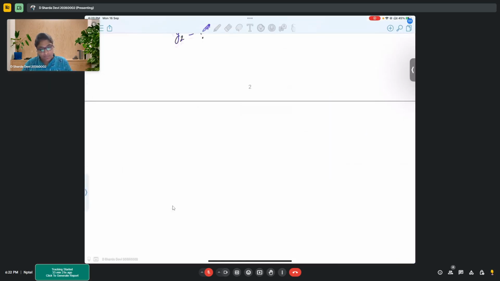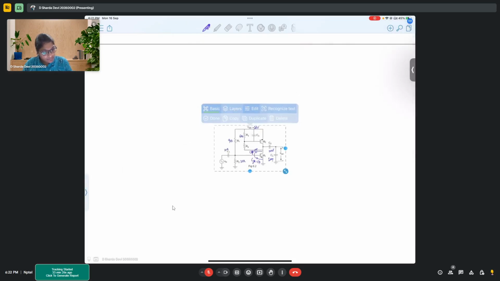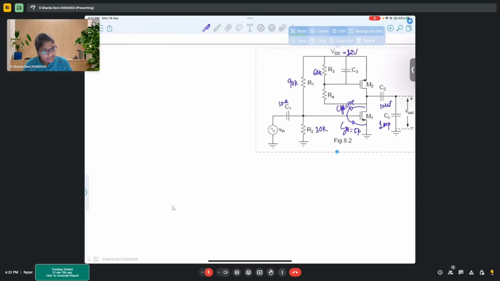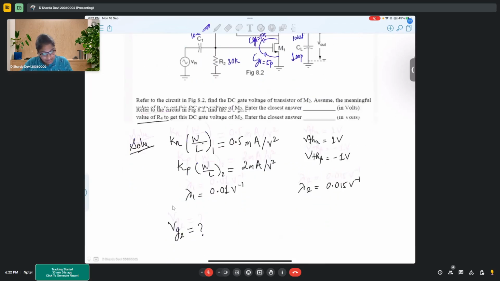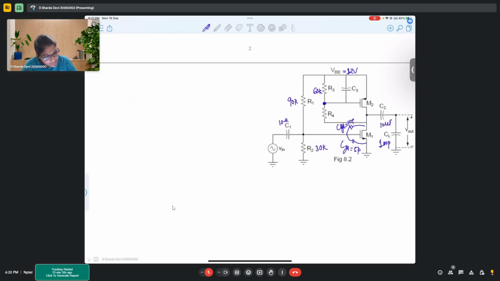Yes, this is our circuit. In this circuit, we have to find VG2. VG2 is this gate voltage. So basically, this is what we need to obtain.